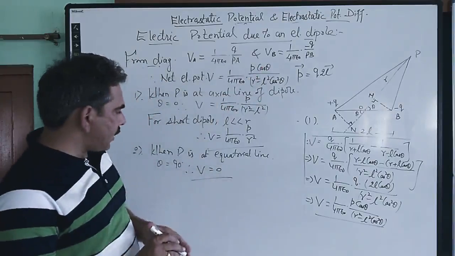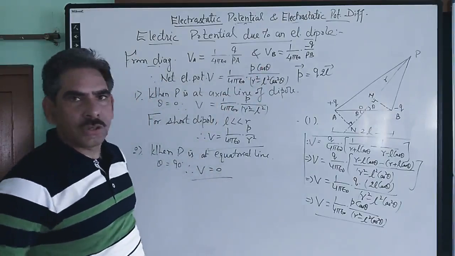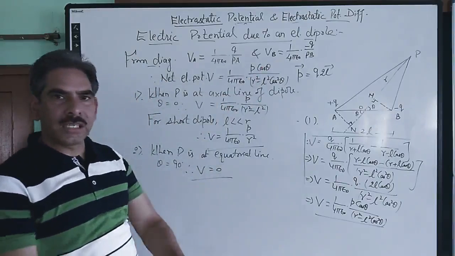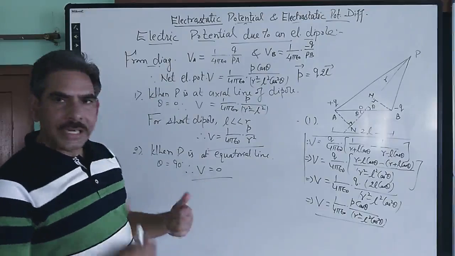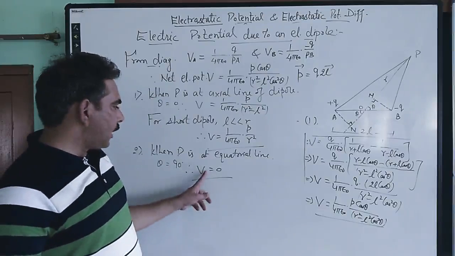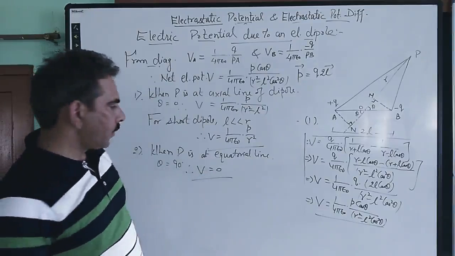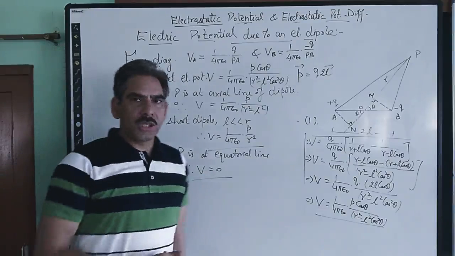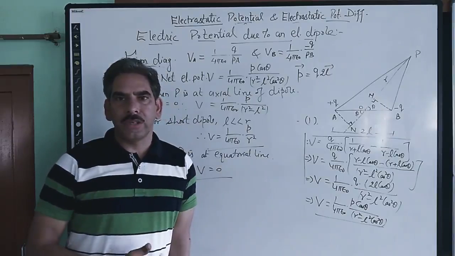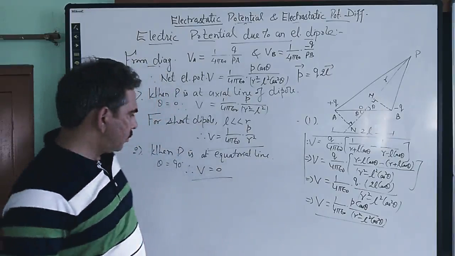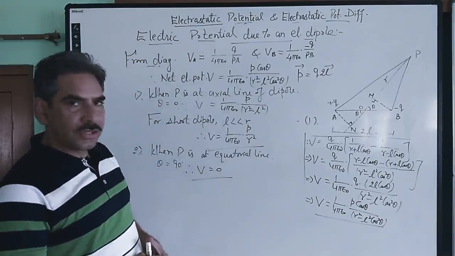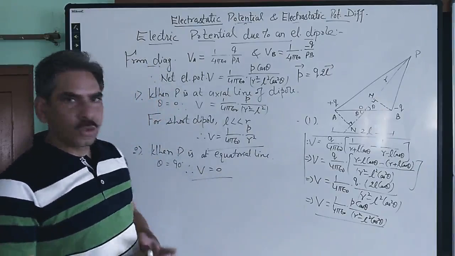So simply we can say that the potential on the equatorial line of an electric dipole is always 0. We need not do any work. That simply means that the work done is 0. The electric fields due to the positive and negative charges cancel out the effect of each other, so that the net work done is 0 and the electric potential comes out to be 0.